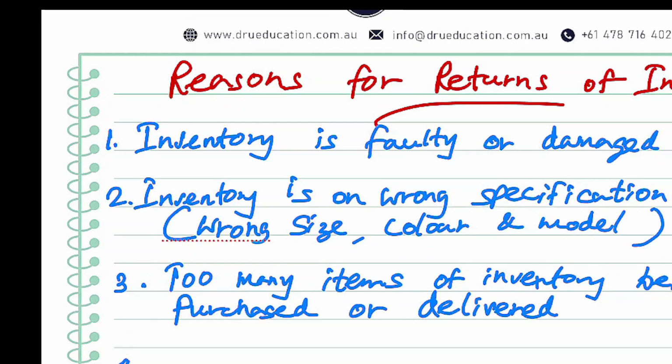But ethically, if the seller is smart, they can say yes. Why? Customer satisfaction, very good. When the customer is satisfied, he will come back, and the seller will make even more sales. Legally no, but ethically yes. So we'll just write change of mind, but legally it is no.